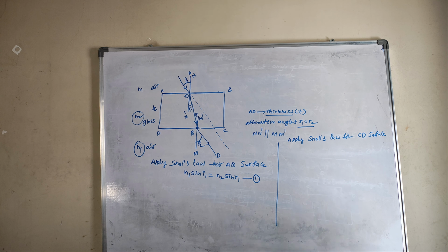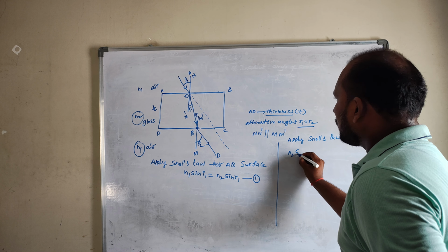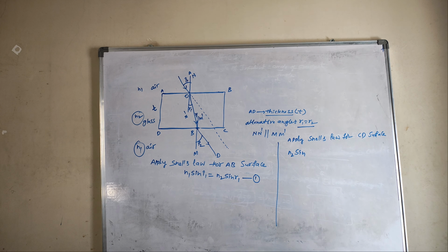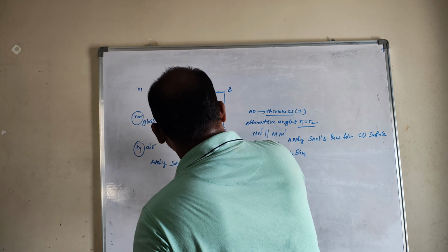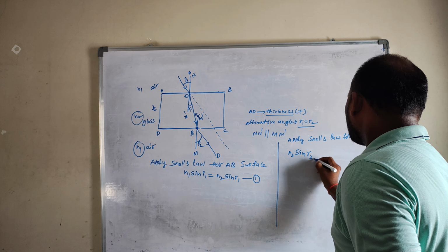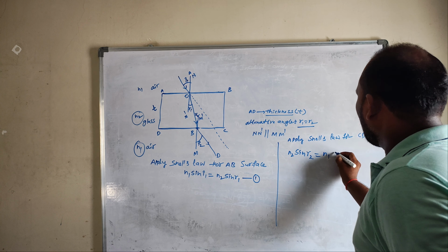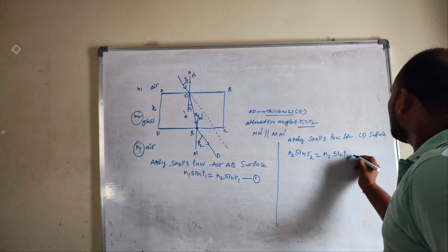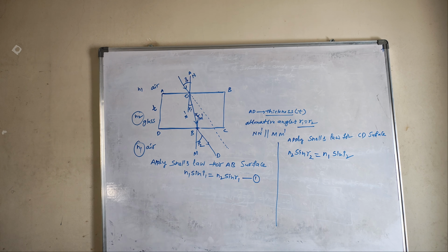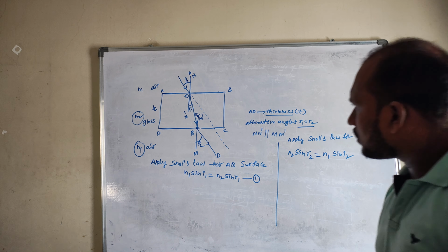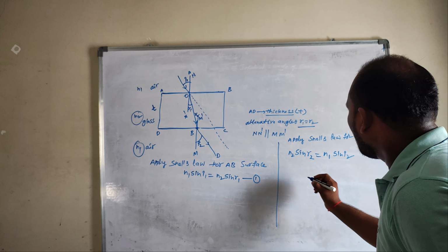Here medium 1 is nothing but N2 sin R2, let us say this angle is R2, equal to N1 sin I2. But we know, guys, from this transversal line, N dash parallel to M dash, BD is a transversal line. That becomes alternate angles, interior alternate angles.